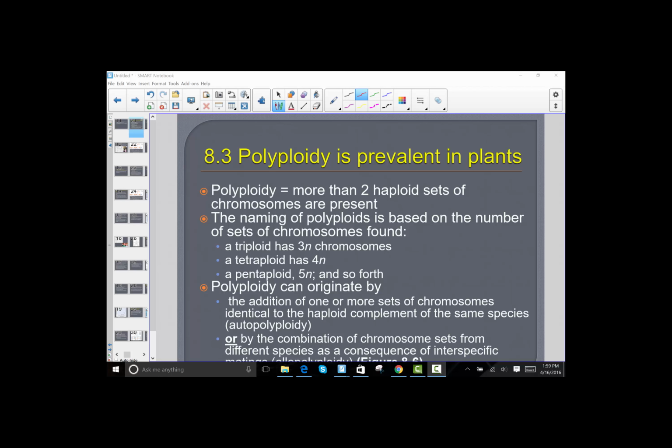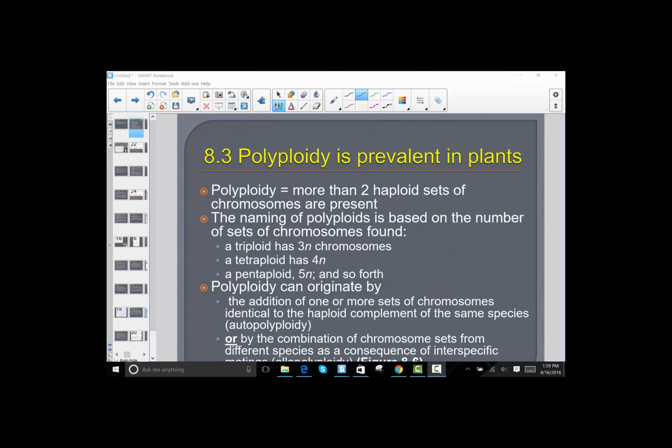Polyploidy can originate a couple of different ways. You can have the addition of 1 or more sets of chromosomes that are identical to the haploid complement of the same species. If you remember our chart previously where we were defining these different terms, this is autopolyploidy or self-polyploidy, so that you have 5 or 4 or 3 complete sets of chromosomes from the same species.